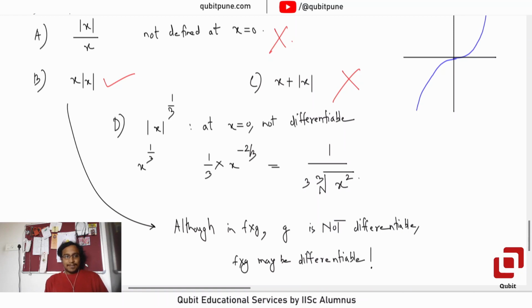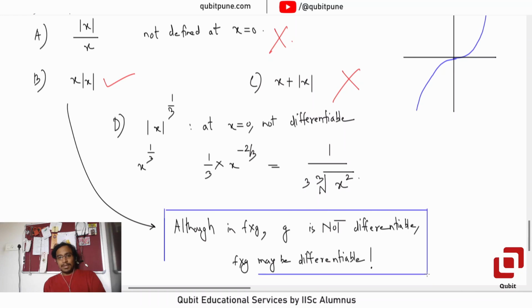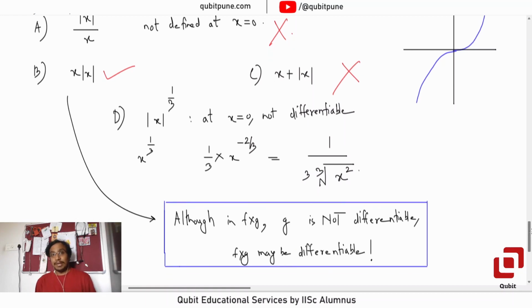Got it? That is something that we can learn from this problem: it need not always be true that for the product to be differentiable, the individual functions should be differentiable. It's not necessarily true that both functions should be differentiable for the product to be differentiable. Got it?